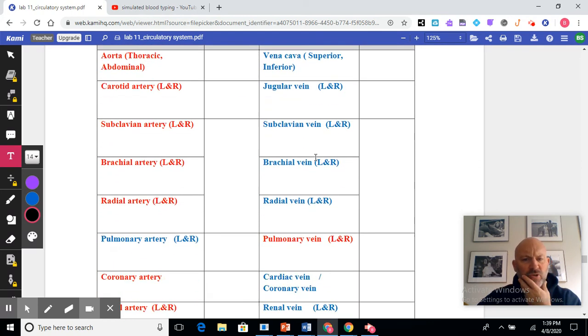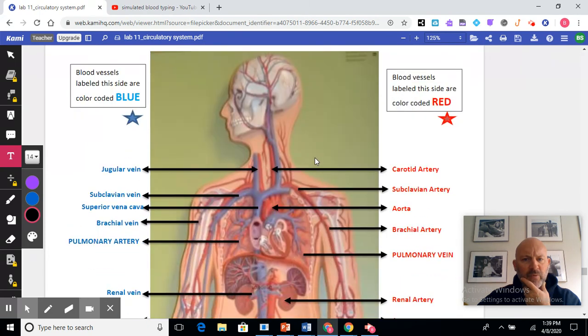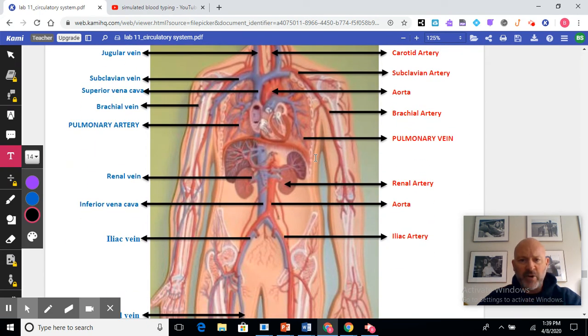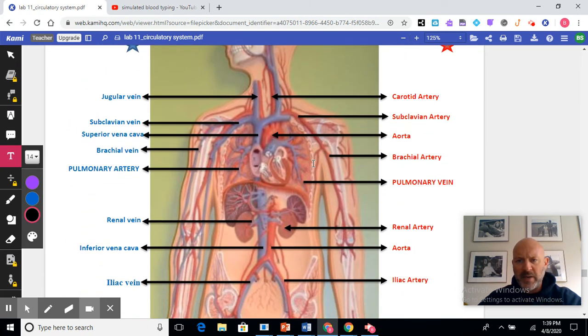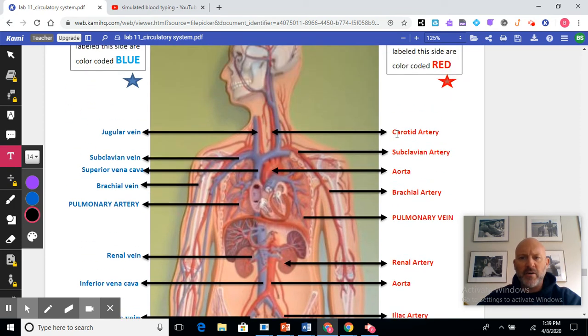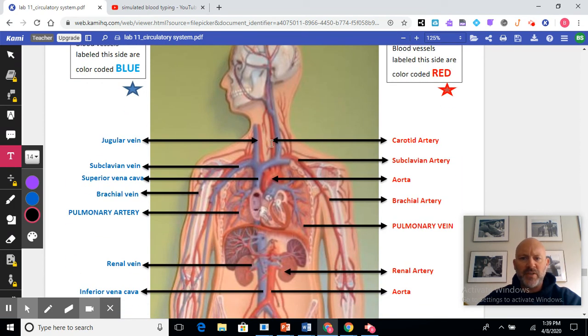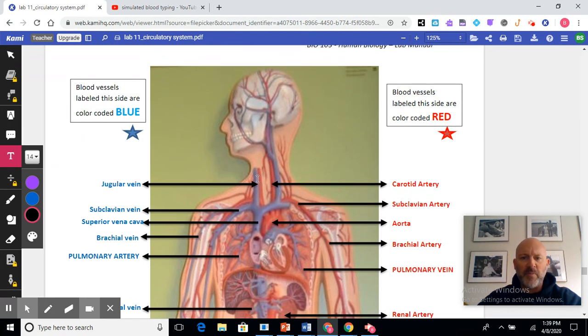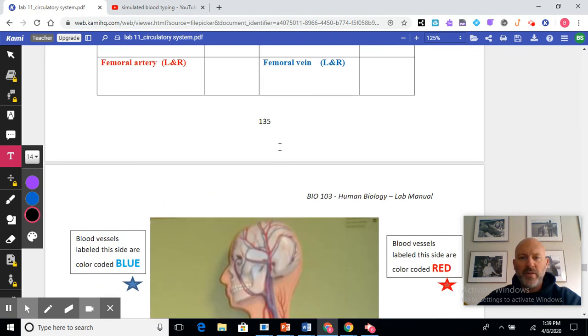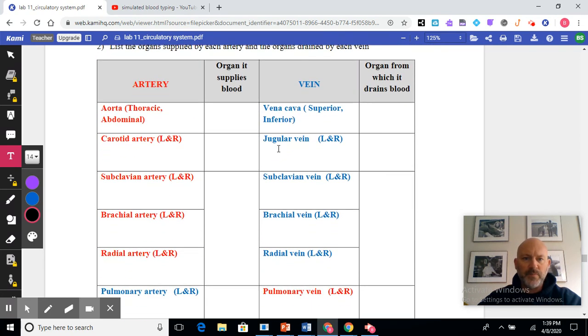And this you could do on your own. Remember, this diagram I showed you is also in the lab atlas. So, for example, the jugular vein and the carotid arteries, when I look at this model, I could see that the blood is being drained from or supplied to the head and neck, right? So that's what I'm going to write.